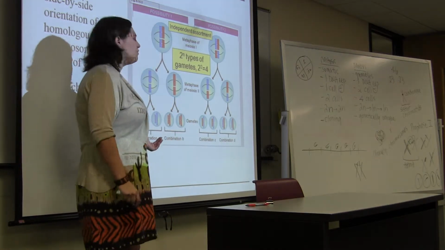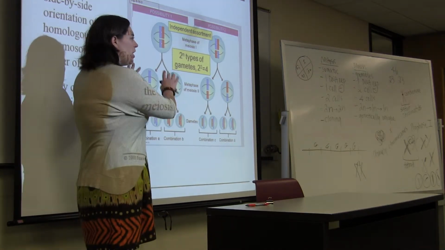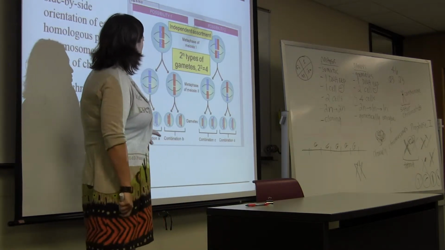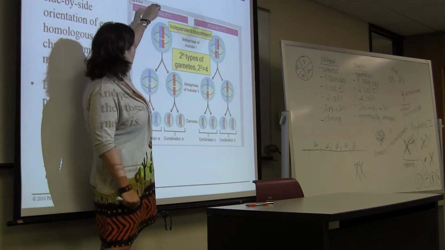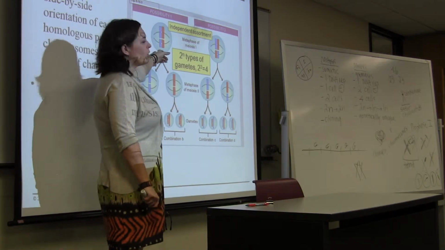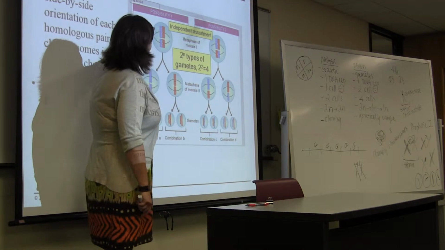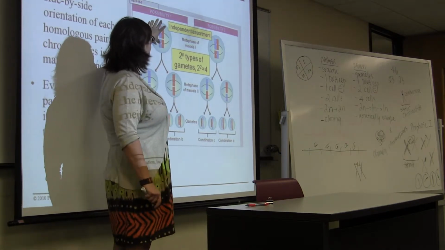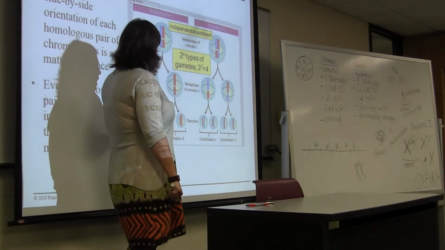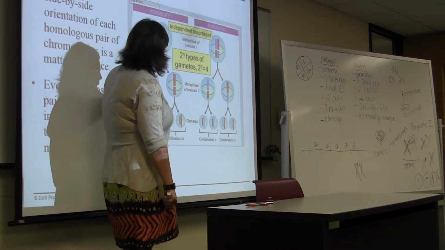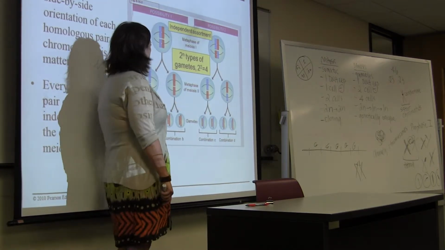So in other words, there's different combinations of the way these homologous chromosomes can line up in metaphase. So if we're looking at a cell that has 4 chromosomes, such as in this example, so we have 4 different possible chromosomes. And so the way that those homologous chromosomes align can be completely different.